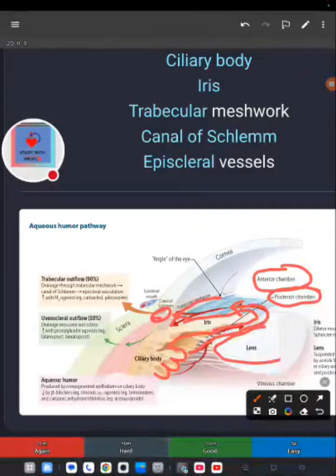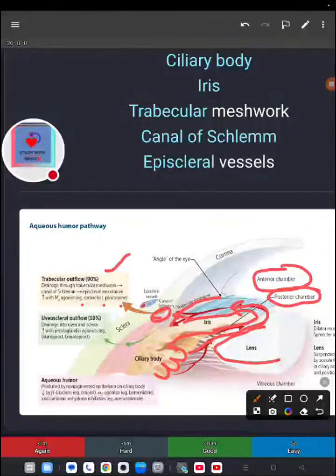This is trabecular outflow: drainage through the trabecular meshwork to the canal of Schlemm and episcleral vasculature. This outflow is increased with M3 agonists, carbachol or pilocarpine.